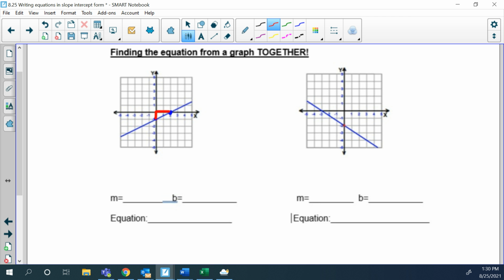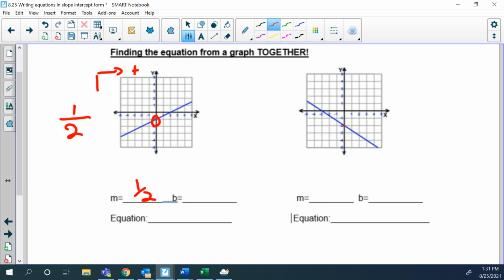I went up 1 point, so that's 1 over. My run is 2. Because I went up and to the right, my slope is going to be positive, so 1/2.